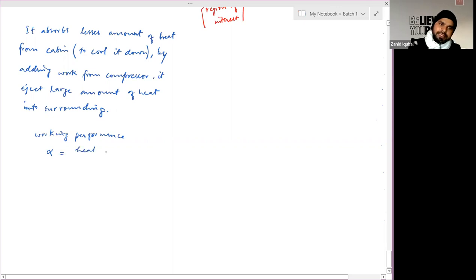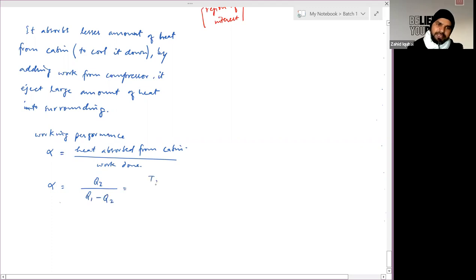So it is heat absorbed from the cabin divided by work done by the compressor. So alpha equals Q2 divided by Q1 minus Q2. In terms of temperature, it will be T2 divided by T1 minus T2. So this is the working performance of the fridge.